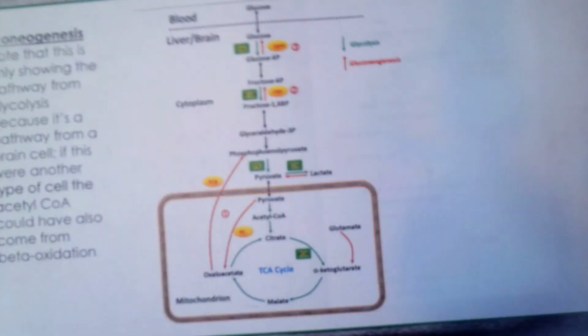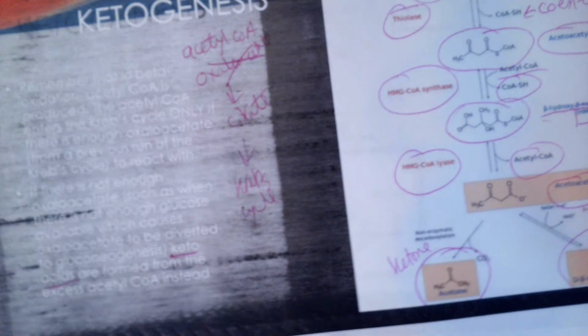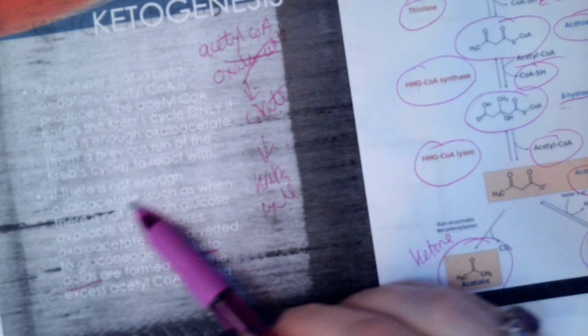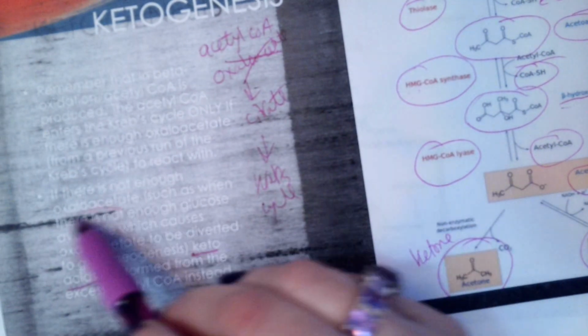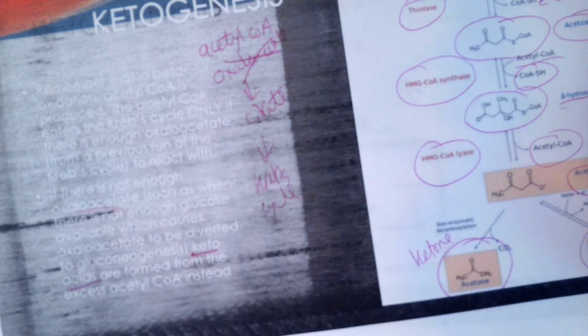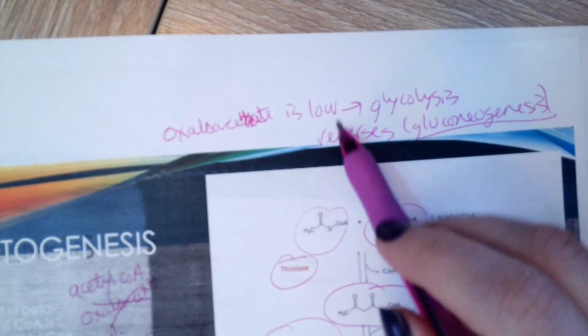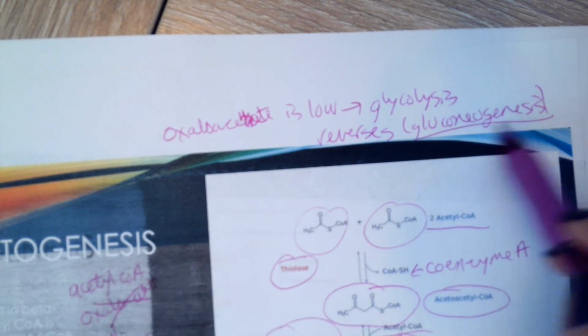Okay, now before we move on to the last thing, remember that we said that if we don't have enough oxaloacetate, we're going to push glycolysis backwards, and we're going to start doing gluconeogenesis.